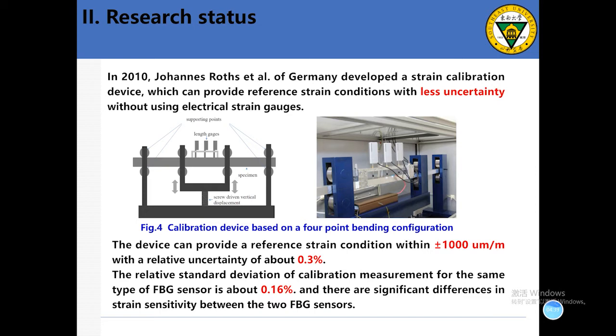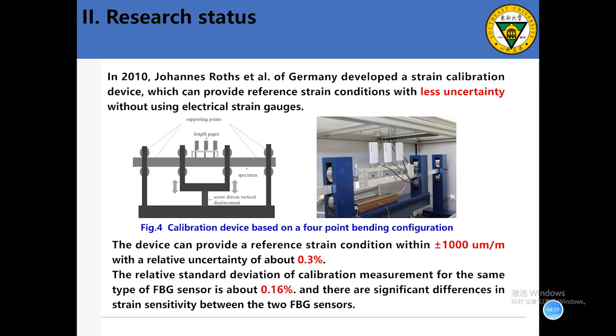This device, everyone can look at the figure 4. It can provide a reference strain condition with a relative uncertainty of about 0.3%.